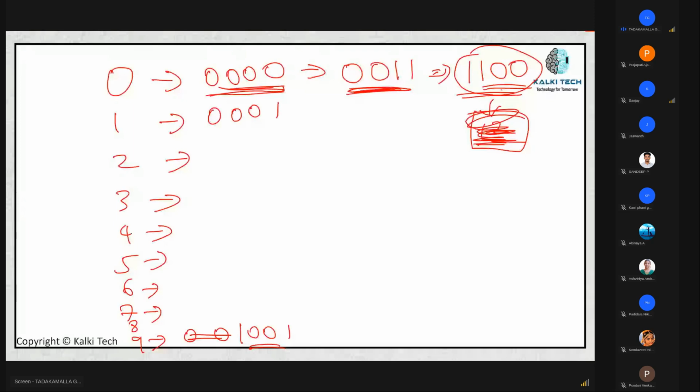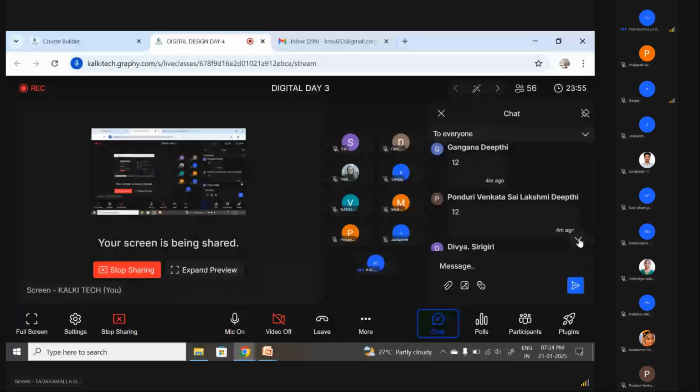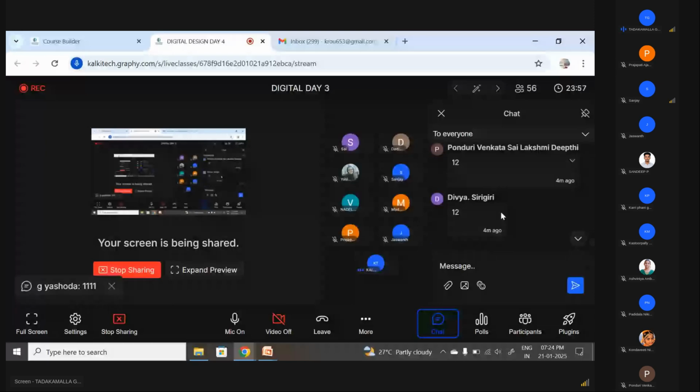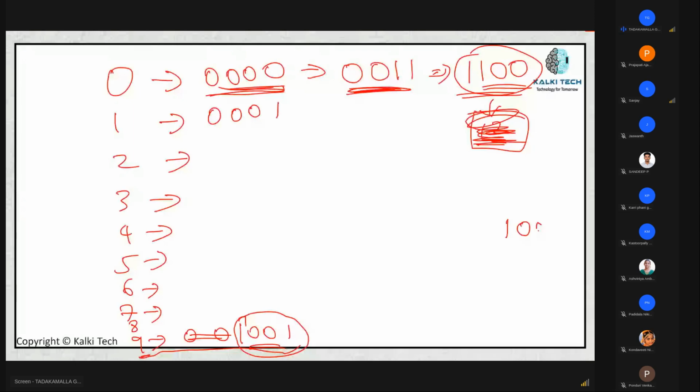Now here is the 9. What is the XS3 code for this particular number 9? 1001 plus 0011 is 1100.